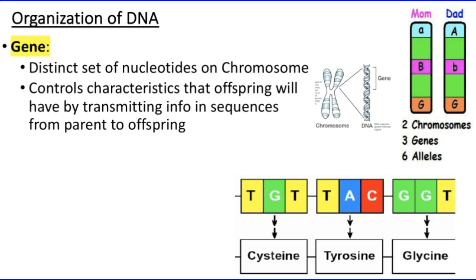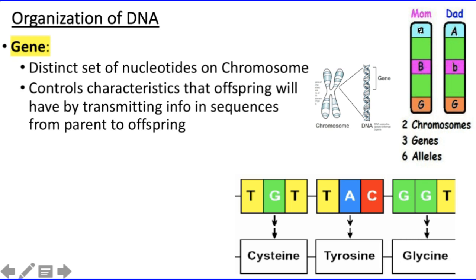Because remember, you're getting particular sets of genes inherited from your mom or from your father, one or the other. And let's do a little recap as well. Remember, this right here, these light blue colors, that's a gene. That could be, let's say, the gene for hair color. But there are 2 different alleles to that gene. So let's say this is the brown hair color, which is the homozygous dominant allele.